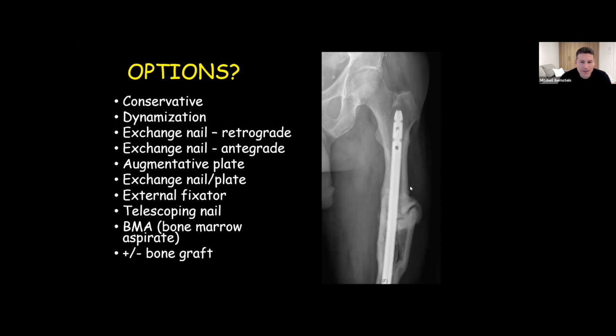And Steve's comment is, when I was thinking about next step, I get very anxious with dynamization. I don't know when and how that works. I also get nervous with exchange nailings because I find it okay, but I'm nervous because I don't know if it'll work. And Steve's mentioning a lot of biological augments to this seemingly hypertrophic non-union, which I don't disagree with him.